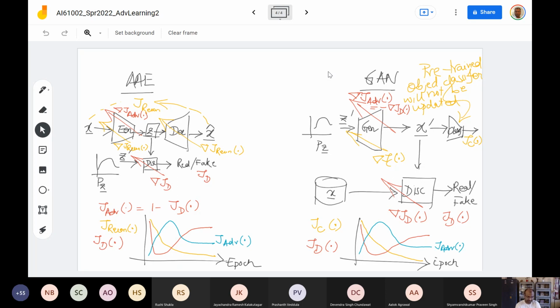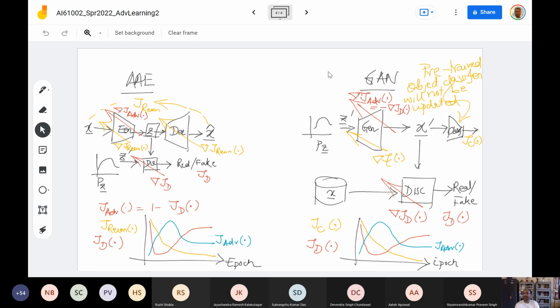So is this clear to all of you? One question: on the GAN network, given the fact that the classifier is a pre-trained network with pretty high accuracy, why is the J_C initially, for the lower epochs, comparatively high?